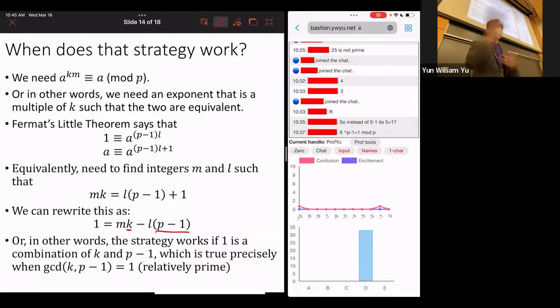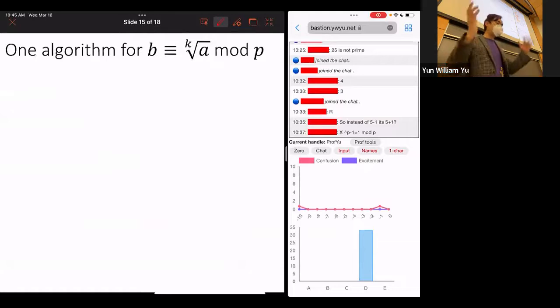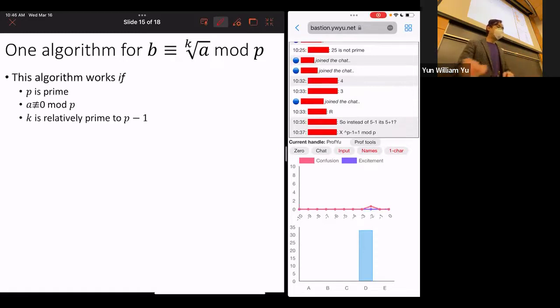And so let's rewrite this forward again. So this is an algorithm for b congruent to the kth root of A mod P. Important: this algorithm works if P is prime, A is not congruent to 0 mod P, and k is relatively prime to P minus 1. So note that this is required for Fermat's little theorem.